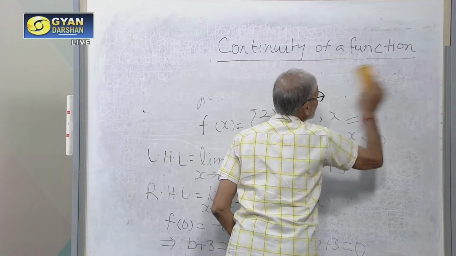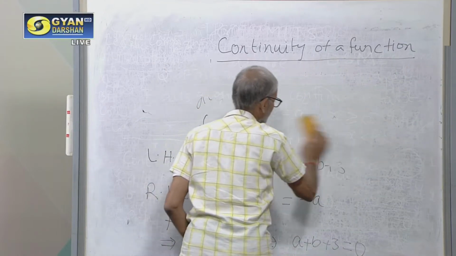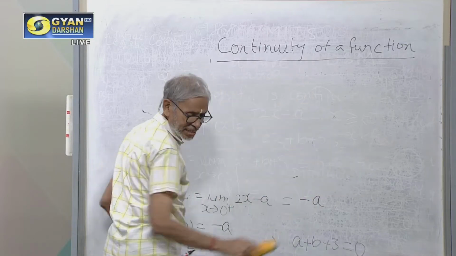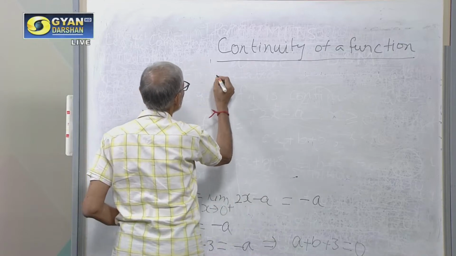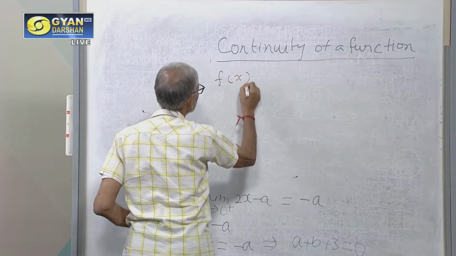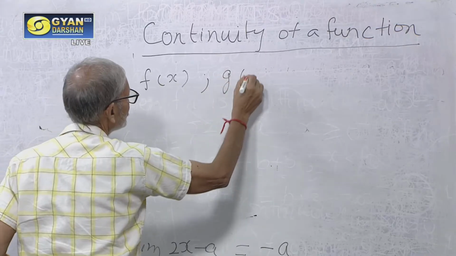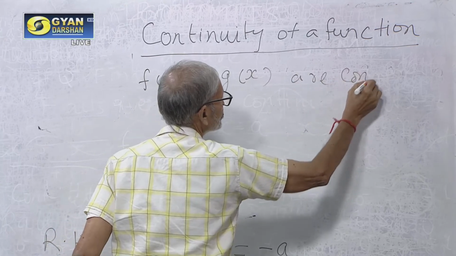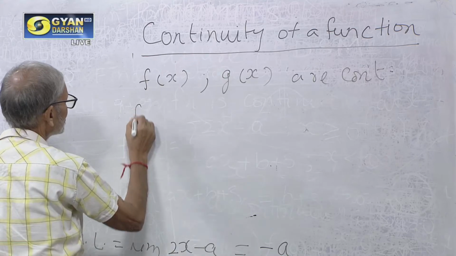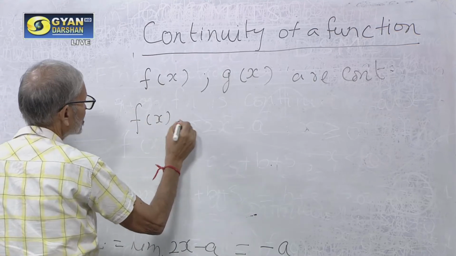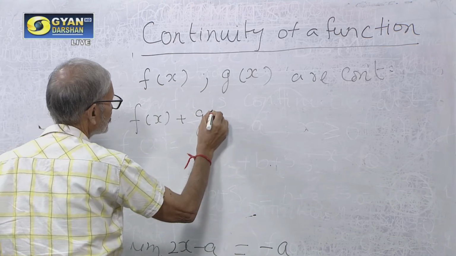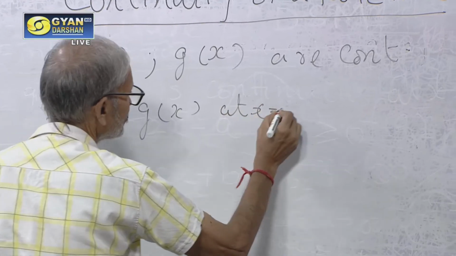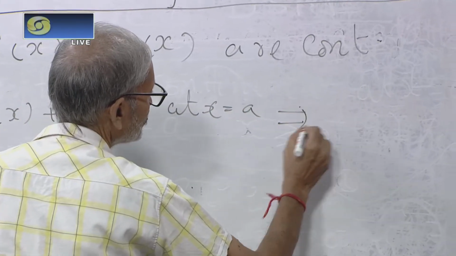I will just write it here. In that case, if f x and g x are continuous, then f x plus g x at x is equal to a will be continuous.